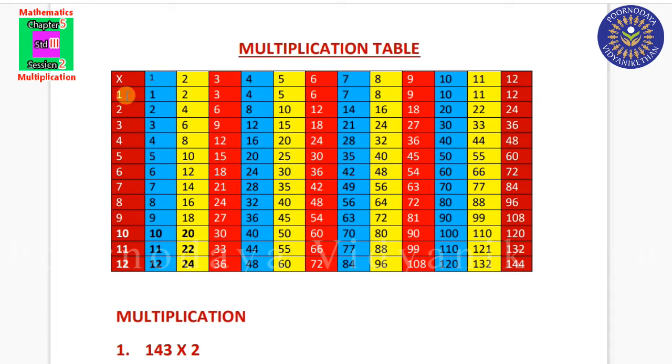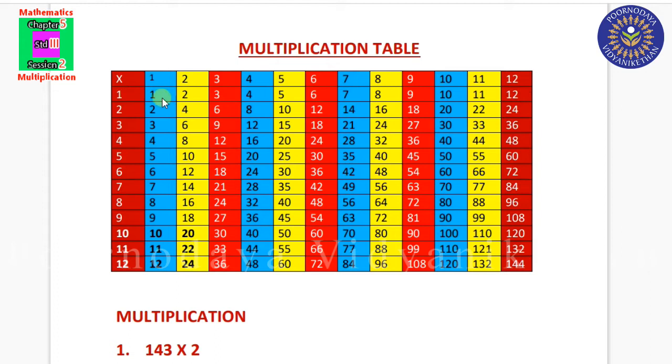See the multiplication table of 6. 1, 6 is 6; 2, 6 are 12; 3, 6 are 18; 4, 6 are 24; 5, 6 are 30. Clear? Like this, the multiplication table of 12.